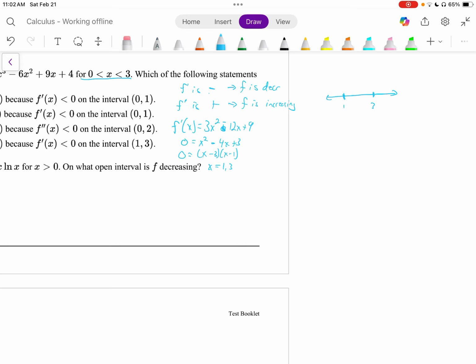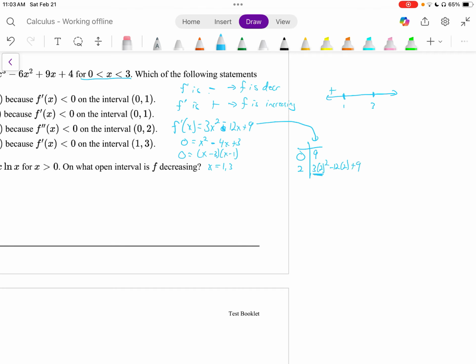So something to the left of 1, 0 is to the left of 1. So we'll put 0 into our derivative, which gives us 9. That's positive. We can put 2 into our derivative, so that's 3 times 2 squared minus 12 times 2 plus 9.